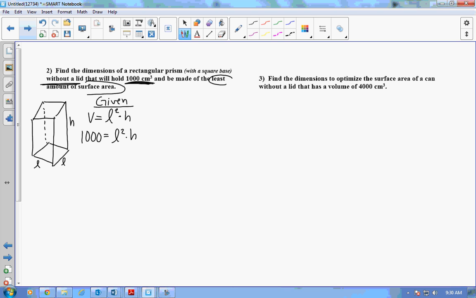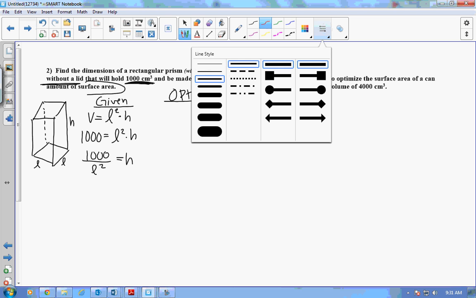So let's solve for H, and what do we get? H equals 1,000 over L squared. Okay, we're going to plug that into our optimize formula. We're not looking for a volume. What are we looking for? Surface area minus the lid. So that's two-dimensional. Okay. Ethan, can you help us out with surface area formula?